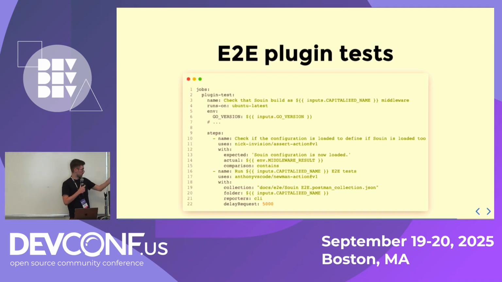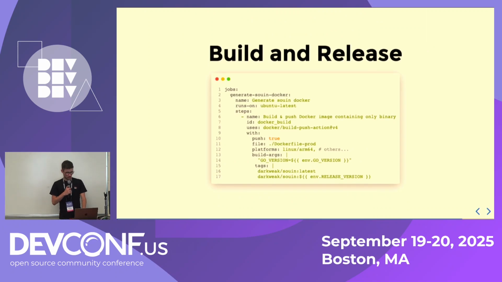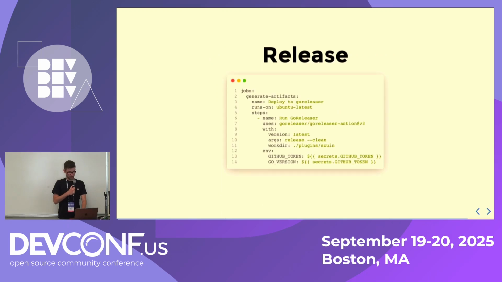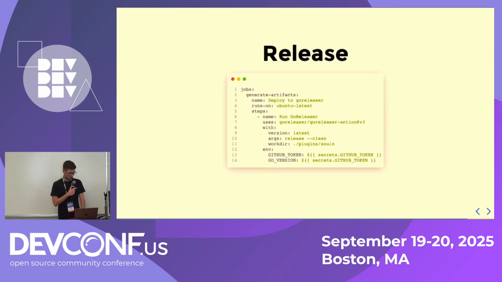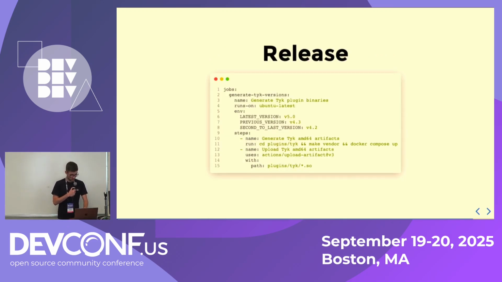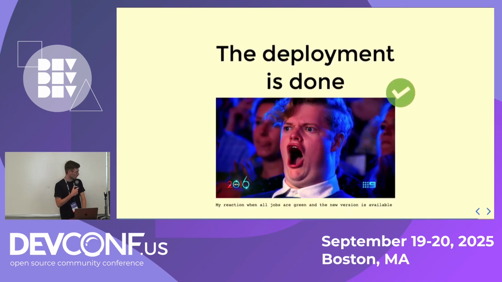You pass your Postman collection, and it will run all the tests in it. And after that, we build for Docker and release on Docker Hub, and release with GoReleaser. And here I'm releasing the new plugin that will be available in the assets of the release name for Træfik, and that's done.